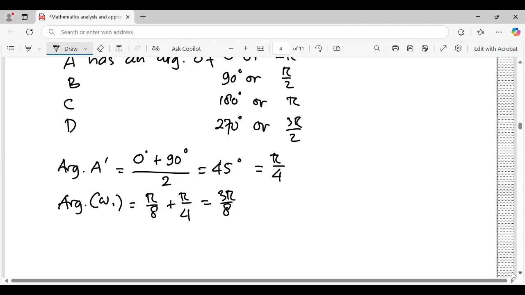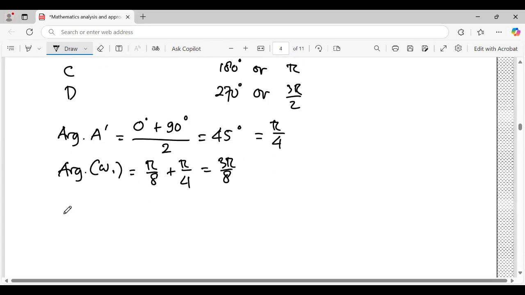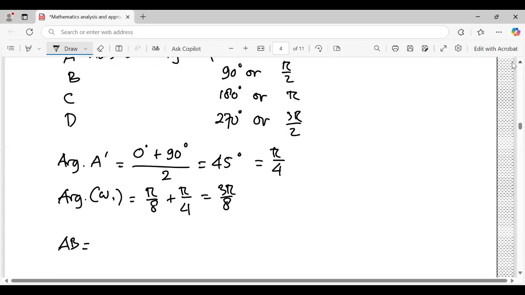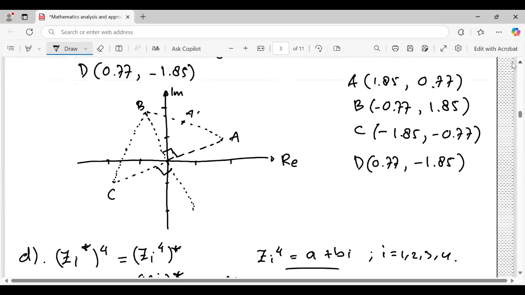Now we are going to find AB. Look at this diagram. This is AB, and this angle is 90 degrees, so we can find AB based on Pythagoras. OA is 2 and OB equals 2 as well.